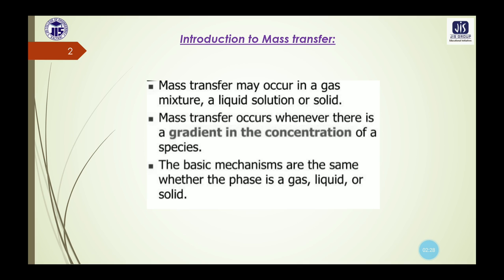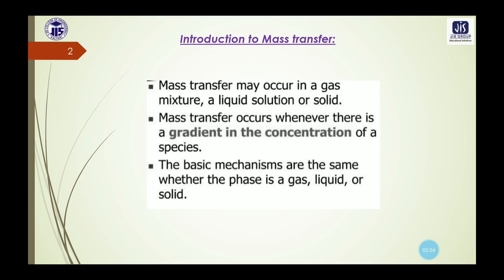Let me discuss this concept again. If in a system which consists of one or more different components whose concentrations are varying from point to point, there will exist a natural tendency for the transport of different species from the high concentration to the low concentration.